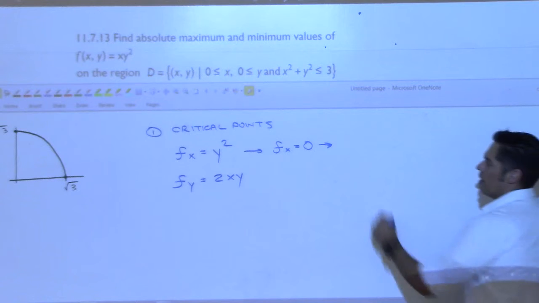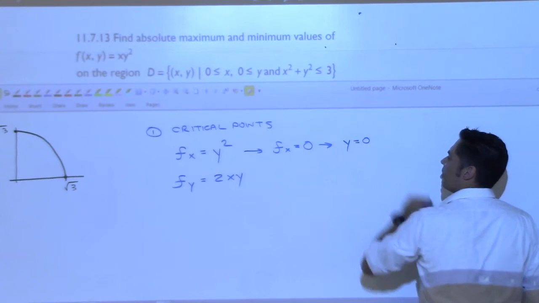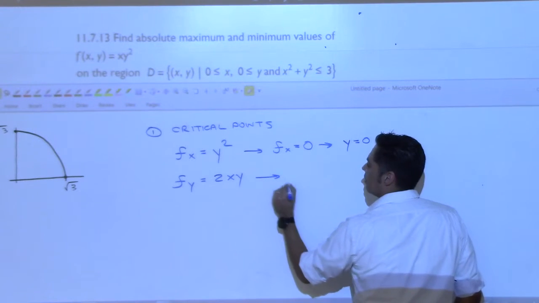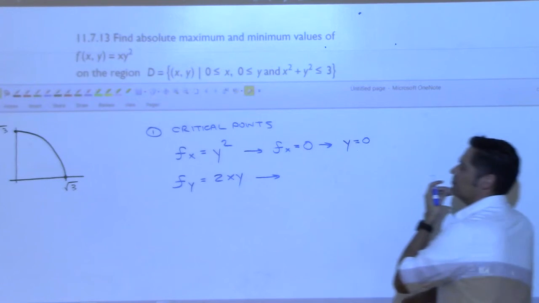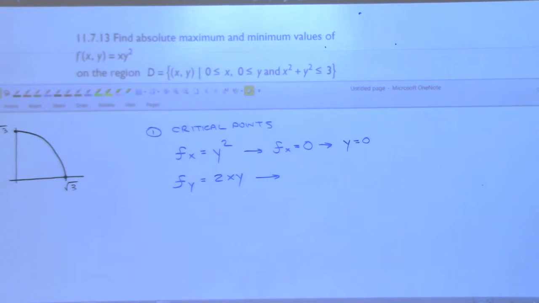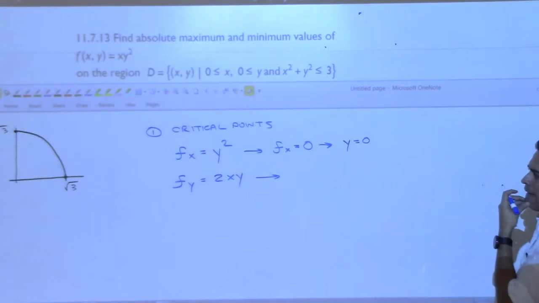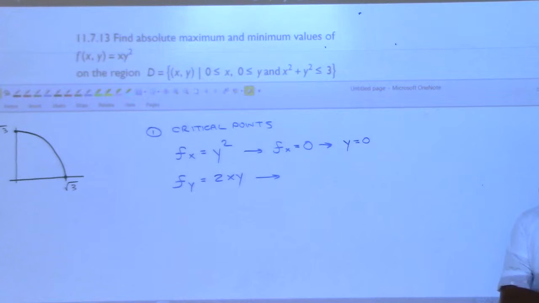Y is 0, right? Y must be 0? Yeah. Okay, and then how about the second one? Plug in 0 for y. Does that mean x could be anything? That means x can be anything.